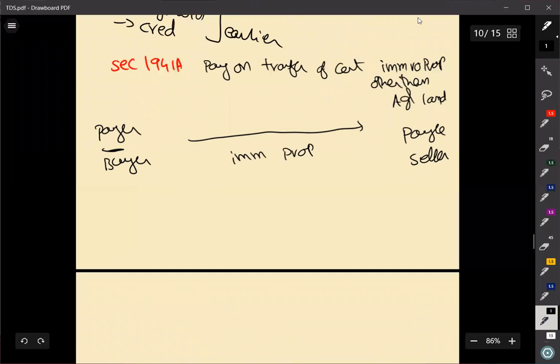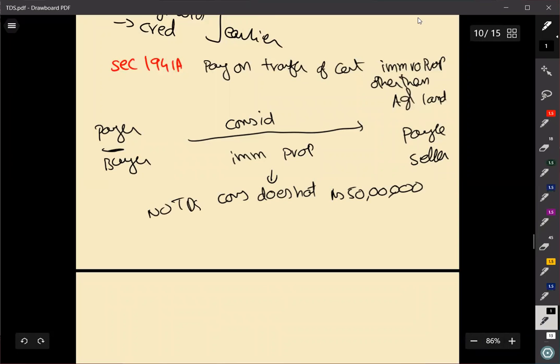Now, what will the payer do? For buying this immovable property, this person will pay some consideration. Now, what does this section say? If the consideration does not exceed rupees 50 lakhs, no TDS.